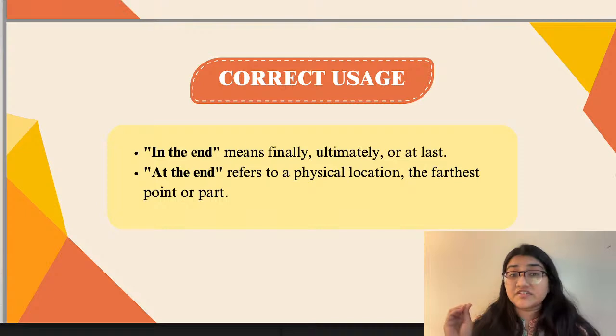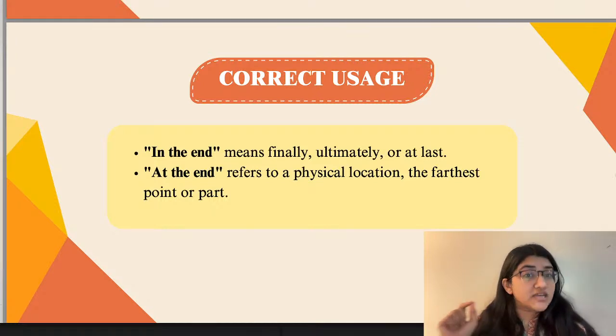But if I'm saying that at the end of the movie, the credits rolled, that means at the farthest point or the last part, at that particular point, credits came up. So you're precisely focusing on its physical location. But "in the end" here means finally. Let's take one more example for "in the end."